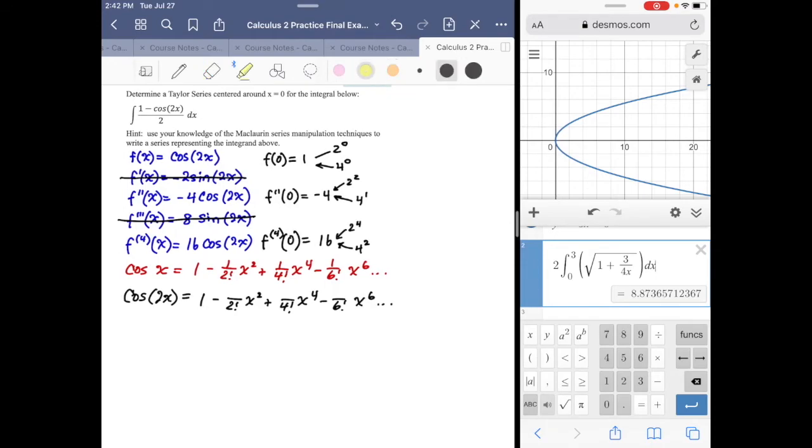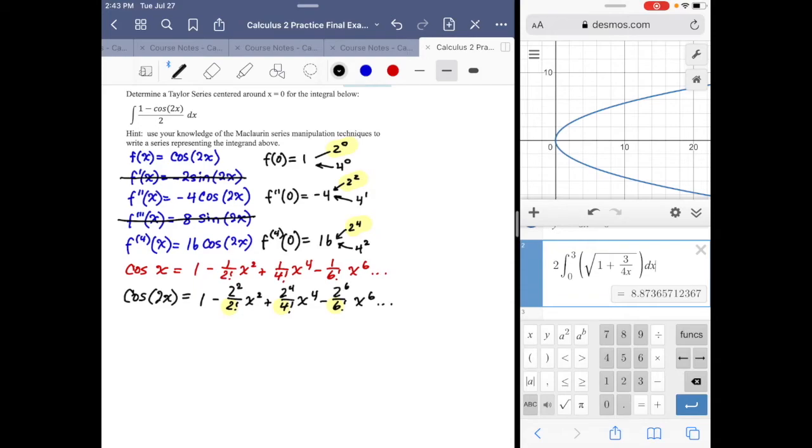All right. The benefit of going with powers of 2 as opposed to powers of 4 is that it's going to correspond with whatever rule you develop for the denominator. So 2 to the 0th gives you the 1, 2 to the 2nd, 2 to the 4th, that's our 4th derivative.